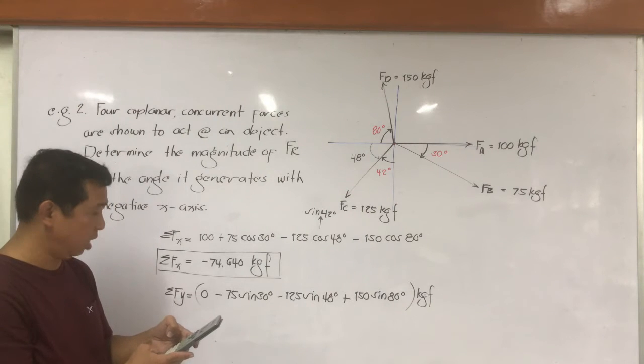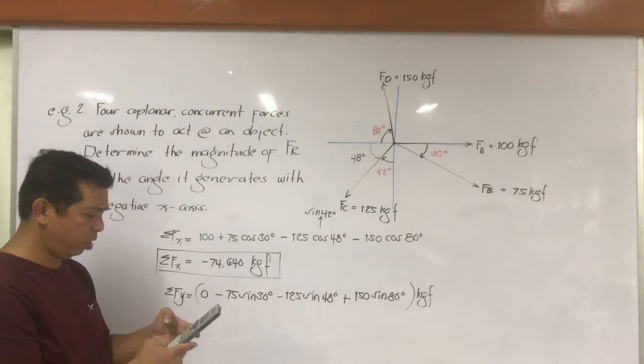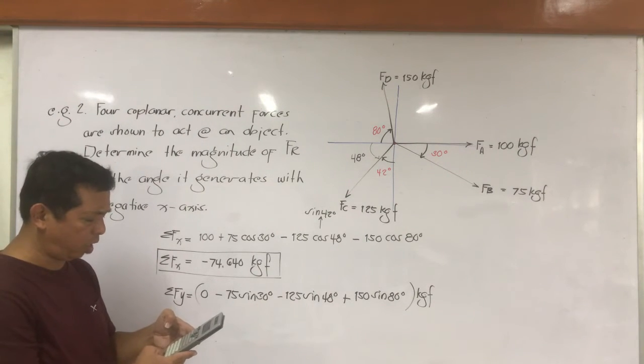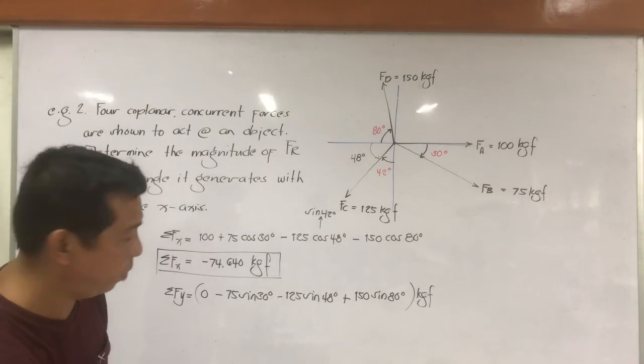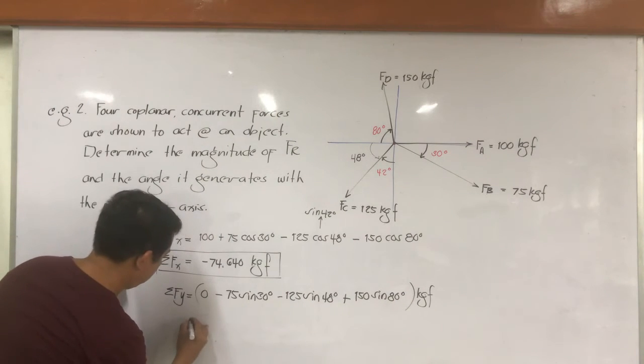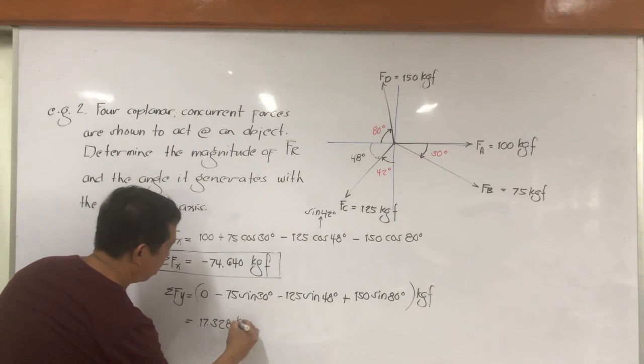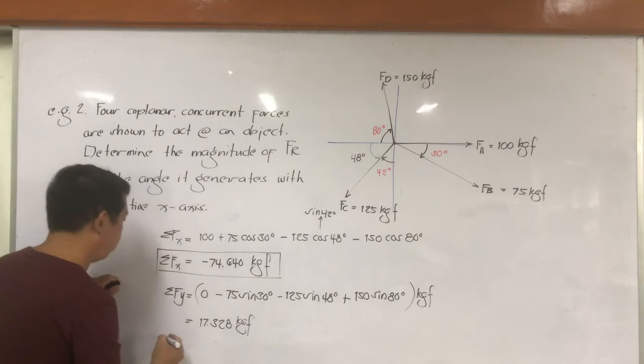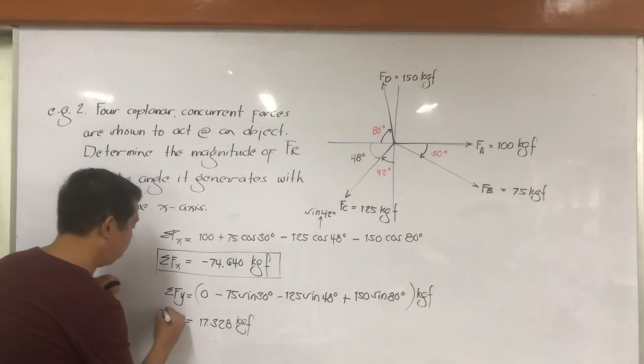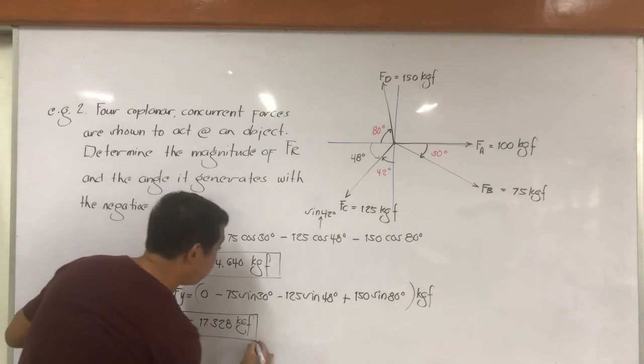Closing the parentheses, it will give us positive 17.328 kilogram force. That would have to be your summation of your vertical forces.